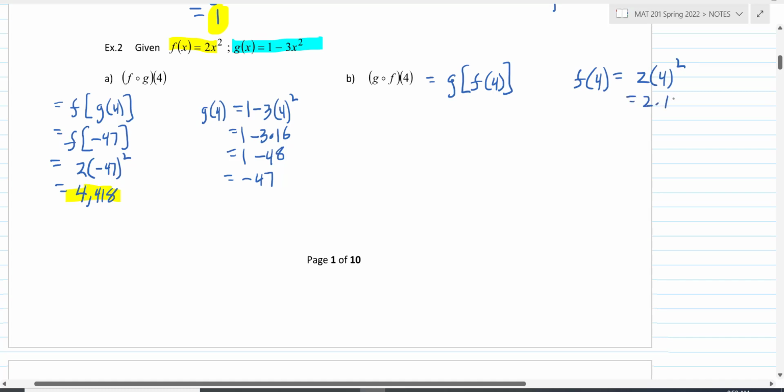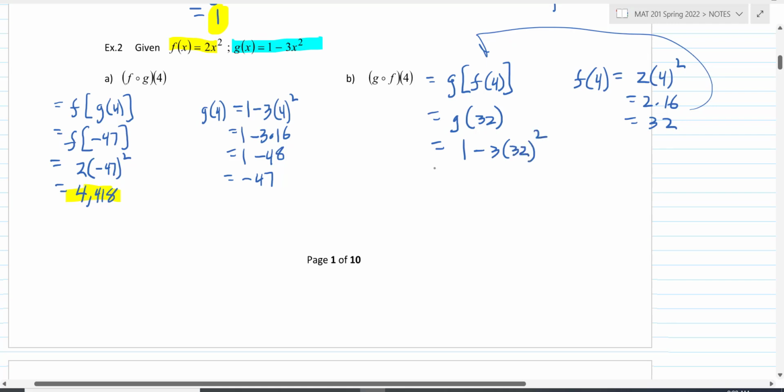That would be 2 times 16, which is 32. Now put the 32 back in, so you'll have g of 32. Now that goes into g, which is 1 minus 3x squared, so that's 1 minus 3 times 32 to the second. Okay, and I'm just going to do this on the calculator.